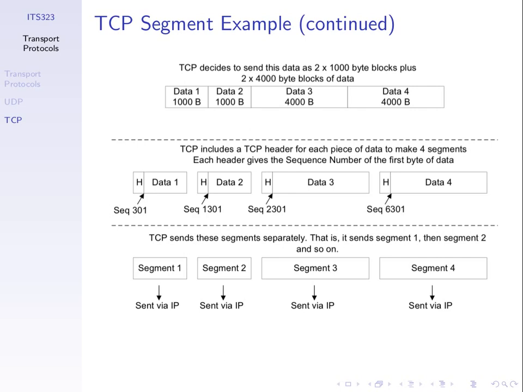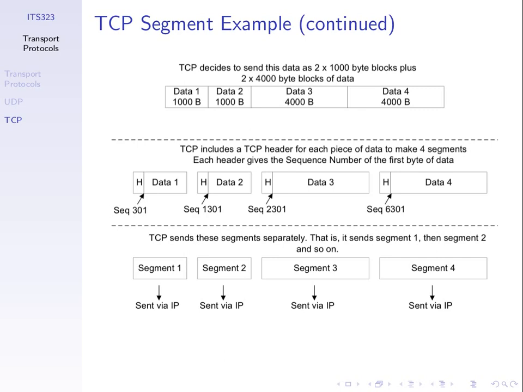So the sequence number included in the header is the sequence number of the first byte of data, where for each byte of data we increment the sequence number by 1. Some people get confused.